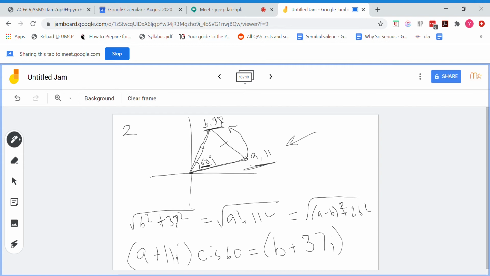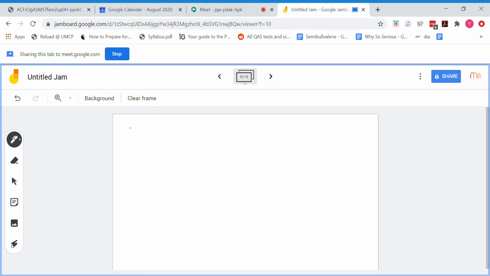Okay, so now if we multiply this out, cis 60 is cosine 60 plus i sine 60, so it's a half plus root 3 over 2 i. And this equals b plus 37i.